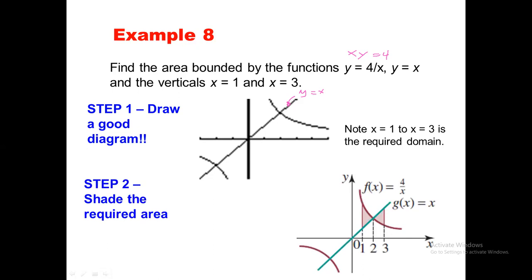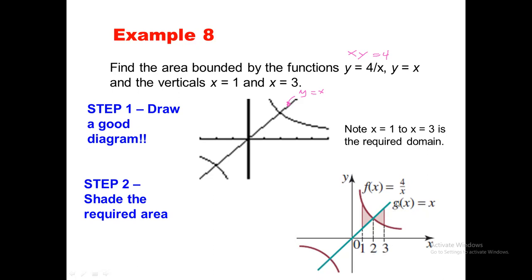This is your y equals x line. This is your function 4 over x, or y. So f of x here is the y. The g of x here is the y. So meaning it's a function of x. F is a function of x. G is a function of x because the right side here are all in terms of the x variable.